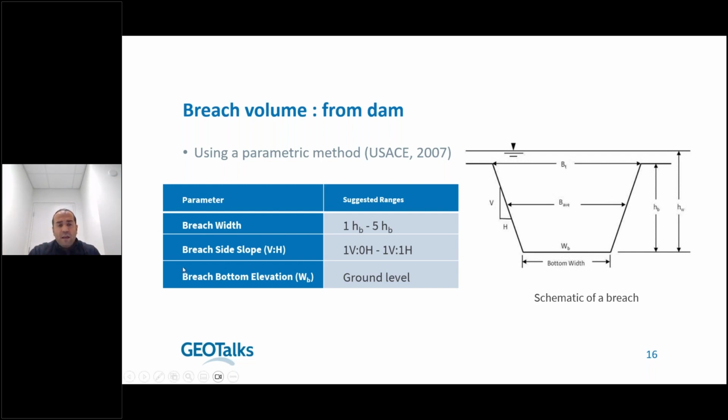For example, for the breach width, the suggested range is 1 to 5 times the height of the dam, and for the side slope, it is 1 to 1, or vertical to 1 to 1 ratio. So 0 to 1 to 1 to 1 ratio, and typically the breach bottom elevation is considered at the ground level. So we have this information from the guidelines.